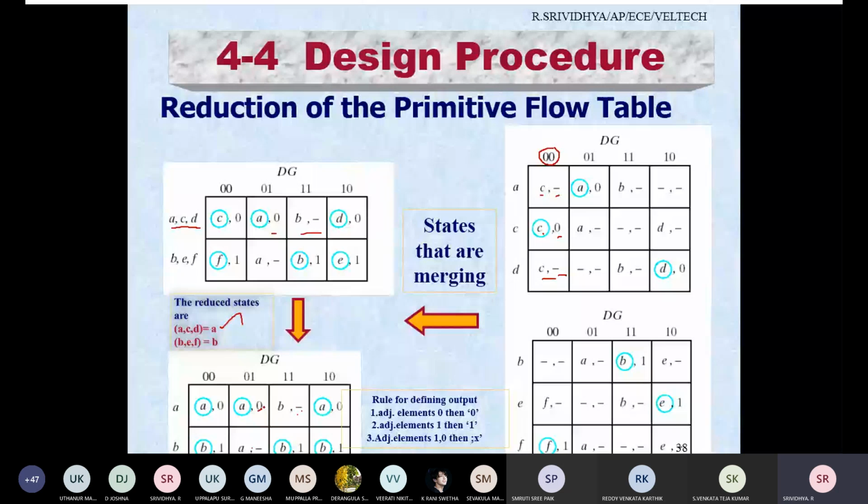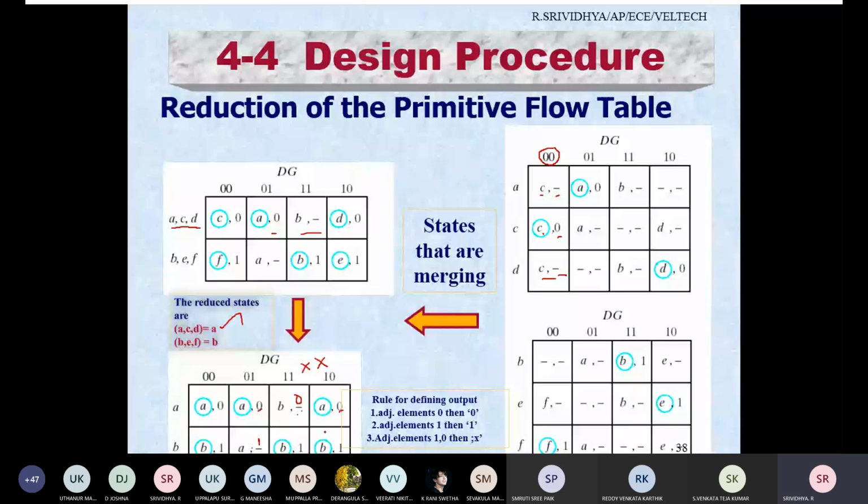If the adjacent outputs are 0 and 0, then you put the value as 0. If your adjacent elements are 1 and 1, you assign it as 1. You may ask me a doubt: if my adjacent elements are 0 and 1, then it will become a don't care. If it is 1, 0, it will also become a don't care. Fine. This is the rule for defining the output.